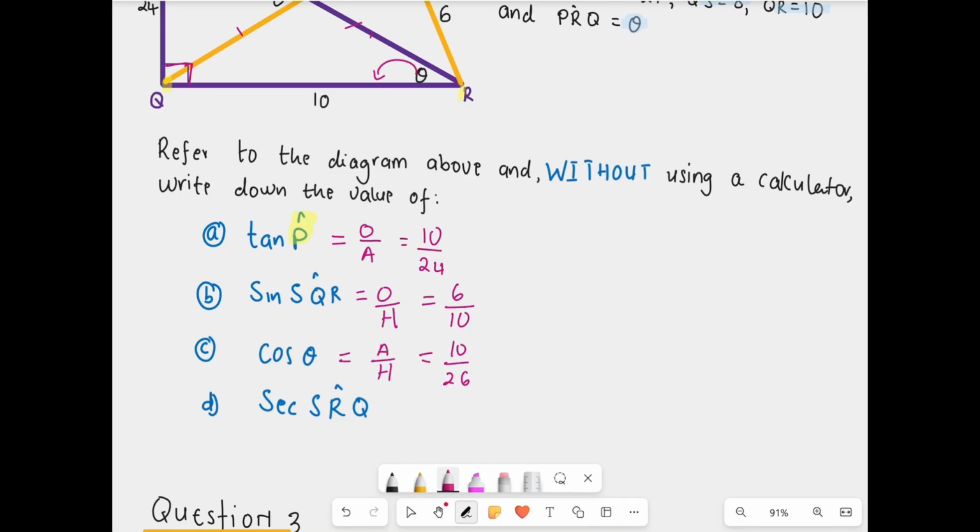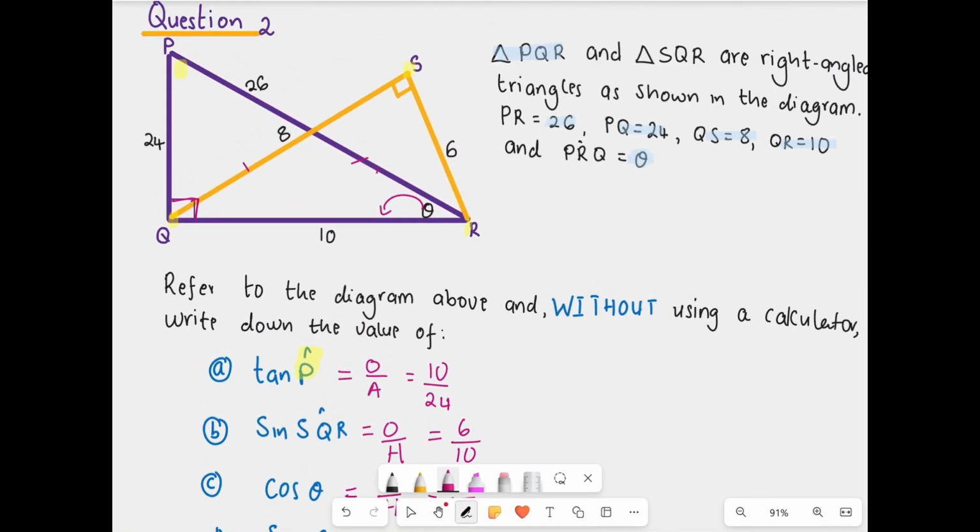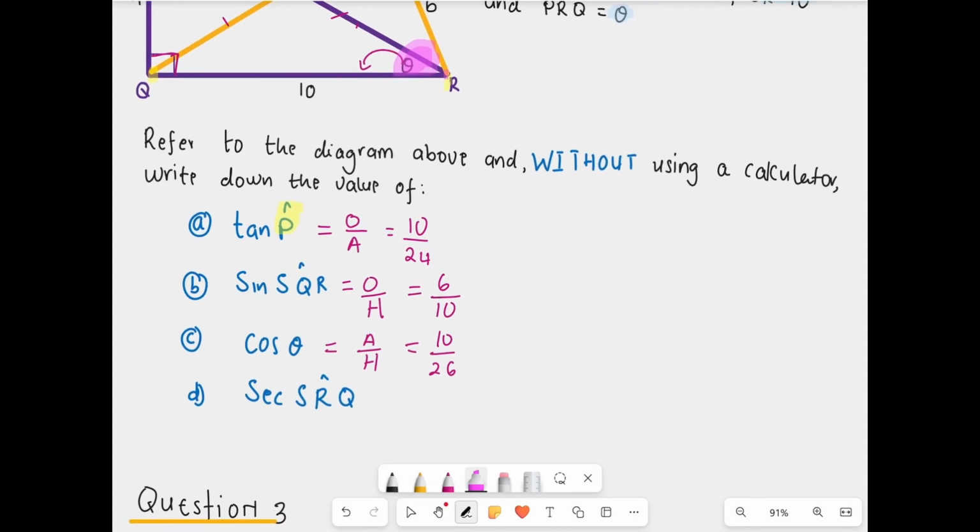And then lastly, we are looking for sec of angle SRQ. First, let's check where is angle SRQ. We are talking about this angle as a whole. So here is angle SRQ. Now, what is the definition of sec? Remember, sec is the reciprocal of cos.